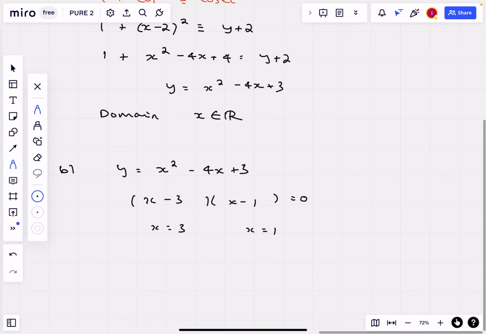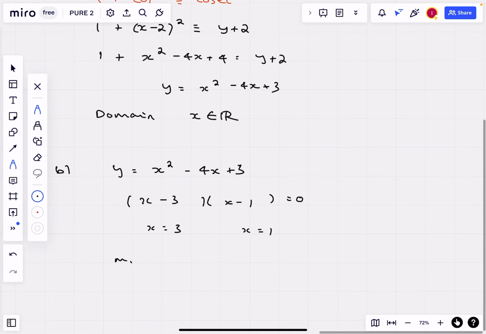What would the minimum point be? (2, minus 1), which you should get after completing the square. And then the y-intercept would be what? 3.